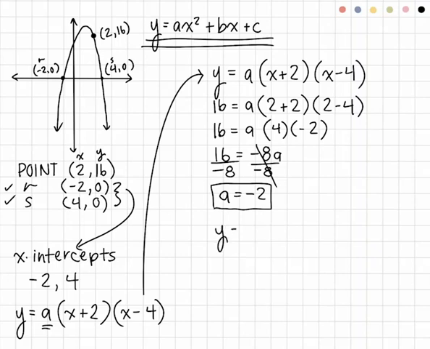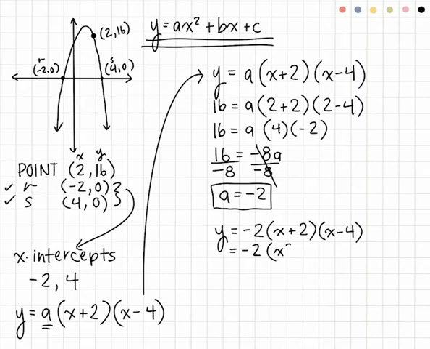So I've got y equals negative 2(x plus 2)(x minus 4). How do I go from factored form to standard form? I'm just going to expand and simplify. I've got negative 2 here, and then I'm going to do my FOIL, distributive property.